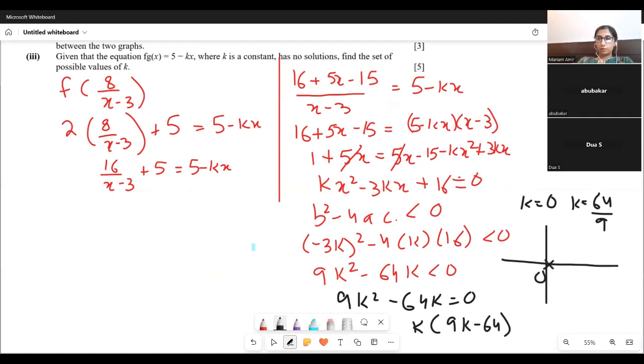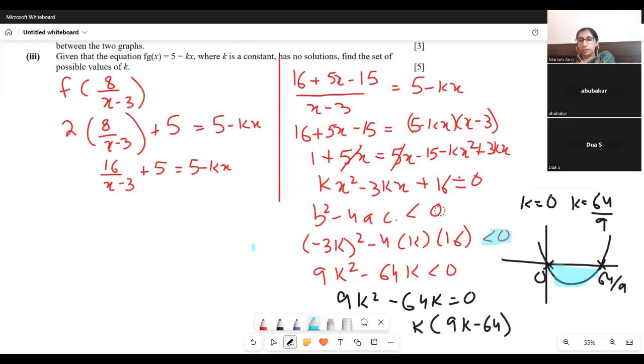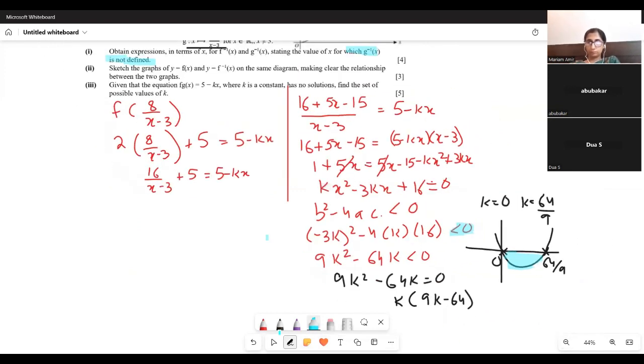A quadratic equation, the inequality is less than 0. So what are going to be the possible values of k? k is less than 0.